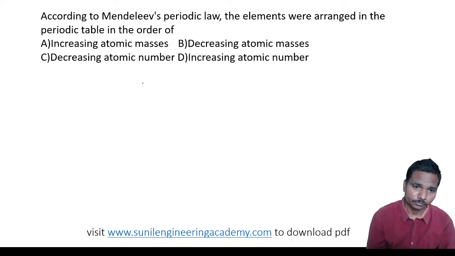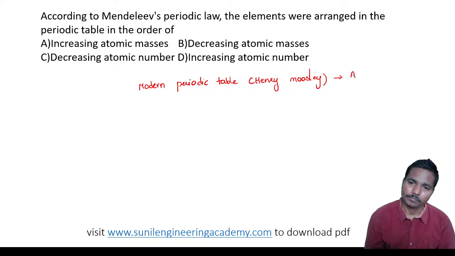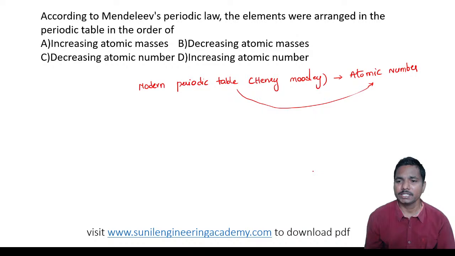You know very well, in the case of the modern periodic table, that is Henry Moseley's periodic table, he introduced atomic number. So only in the modern periodic table is the classification based on atomic number.